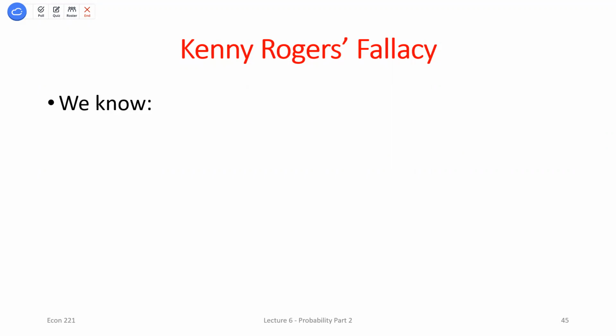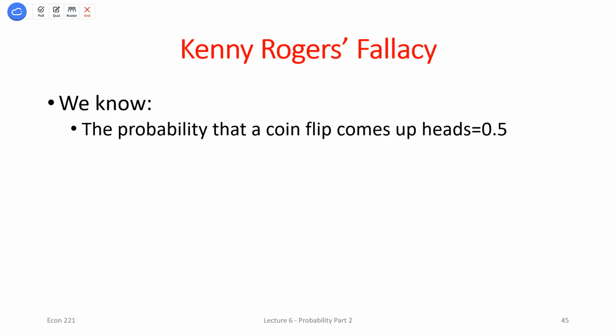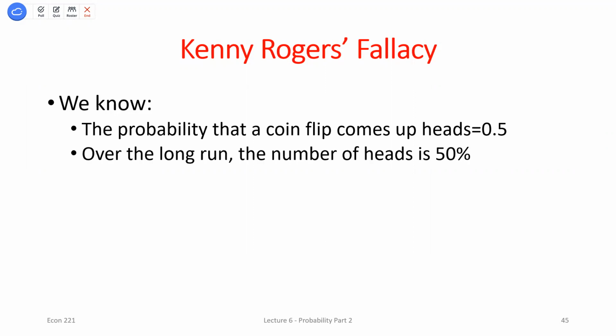Okay? So this idea of independence pops up a lot in the real world. If you think about flipping a coin, what's the probability it comes up heads on your first coin flip? 0.5. Well, let's say you see 5 heads in a row. What's the probability that on the 6th coin flip you get a heads? Still going to be 0.5, right? So this is the idea that coin flips are independent.